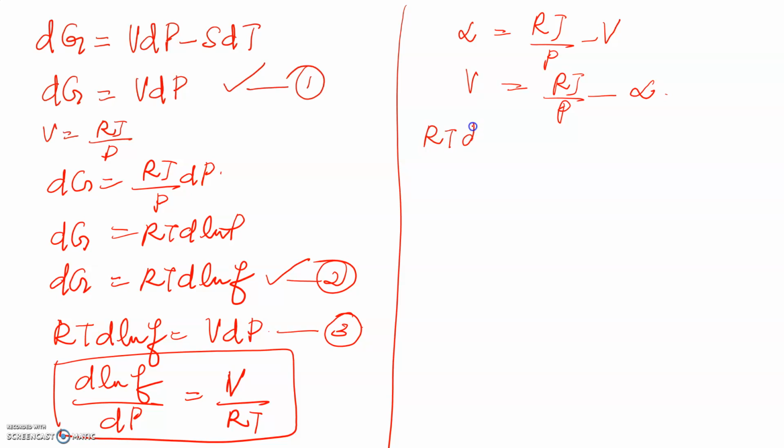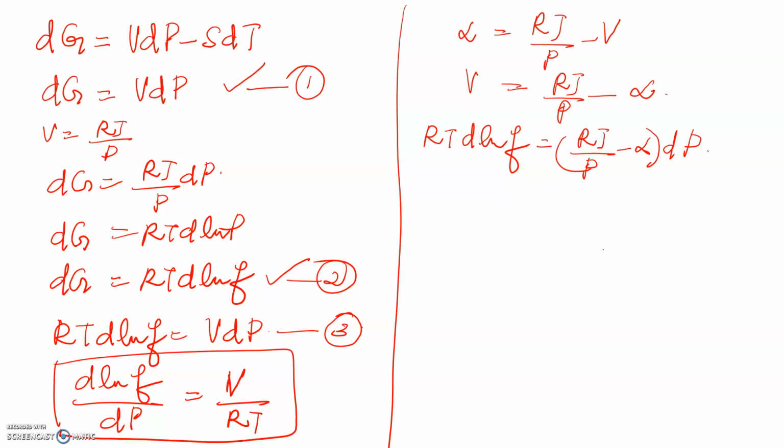RT d ln f is equal to (RT by P minus alpha) dP. Now we have obtained this relation.